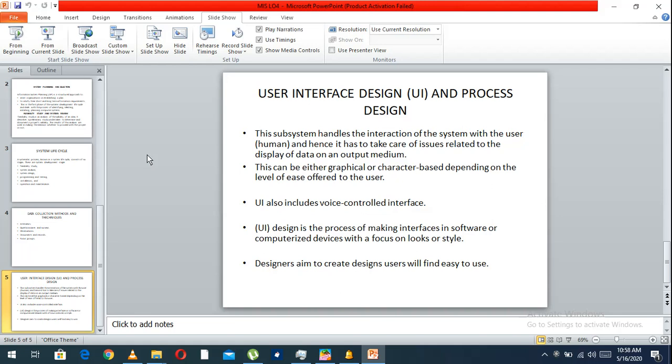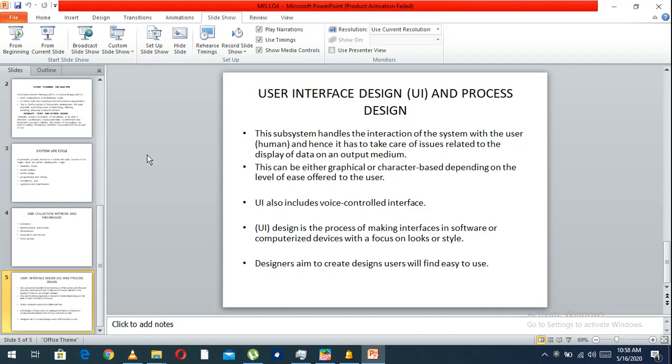User interface design also includes voice-controlled interface. It is also the process of making interfaces in software or computerized devices with a focus on looks or style.